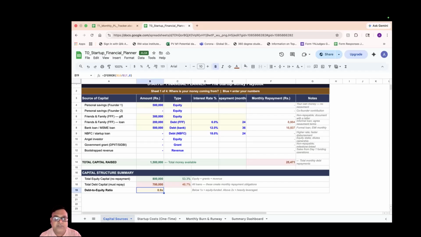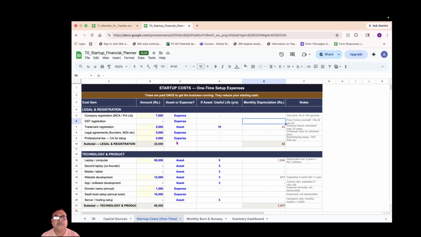Because of which we calculate something called the debt to equity ratio, and this value has to be always less than 1. Here it's 0.9. Okay, below 1, it's equity funded. But if it is above 2x, 2 times, it's heavily leveraged. Okay, so this is still good. Okay, let's move on to the startup cost, the one-time cost.